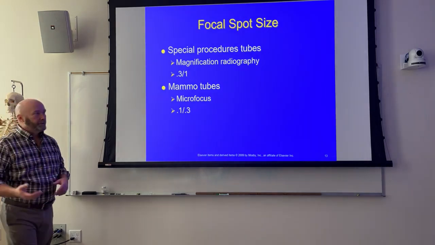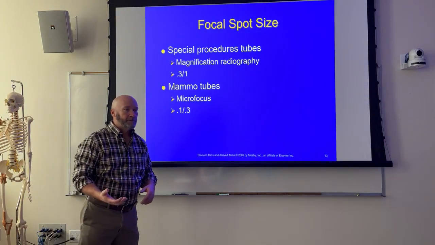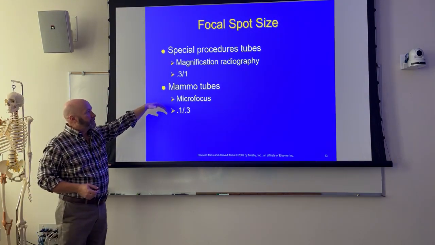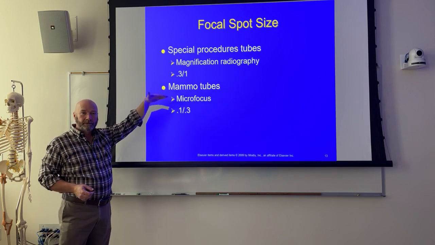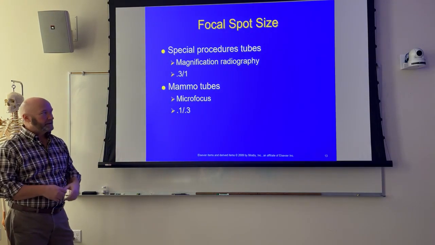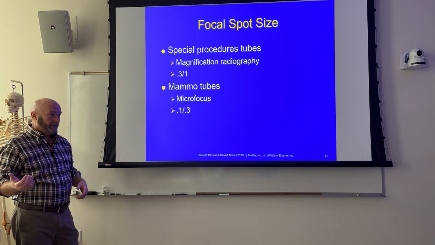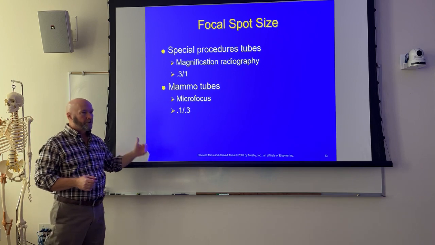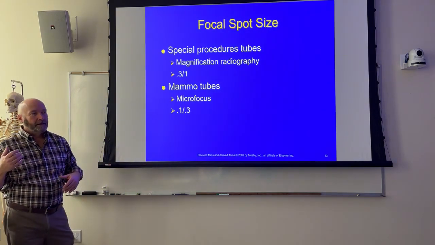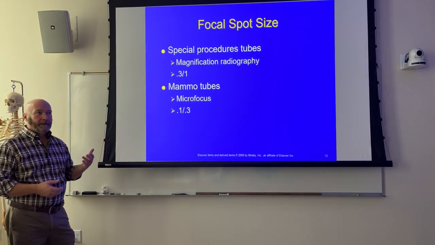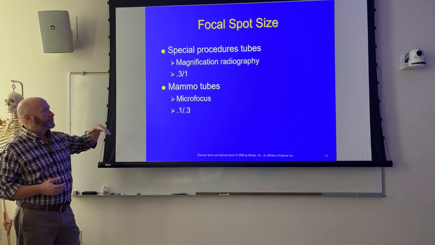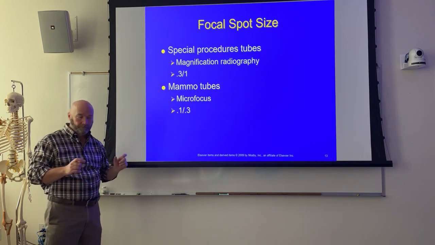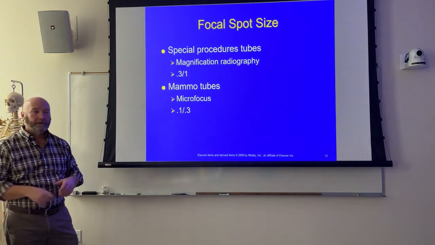So special procedures tubes, because what we're looking for in special procedures is small anatomy, then the size of our focal spots are naturally going to be smaller than what they would be in our general diagnostic tubes. And that's what you call fractional focal spot. The reason we use the smaller focal spot is because traditionally in special procedures, we would utilize a technique that's called magnification radiography, or word to take down, macro radiography.